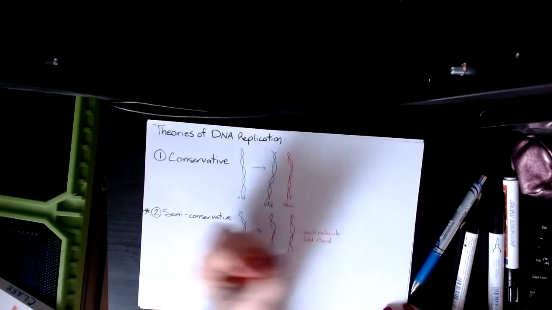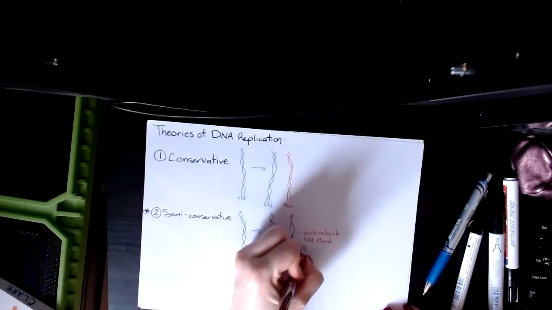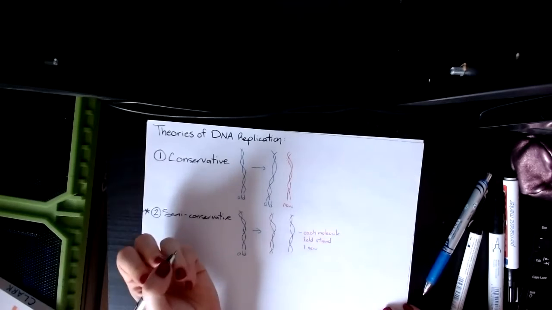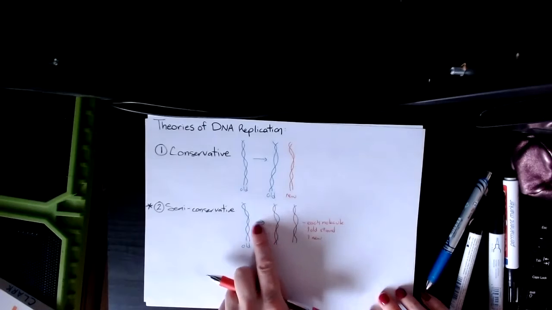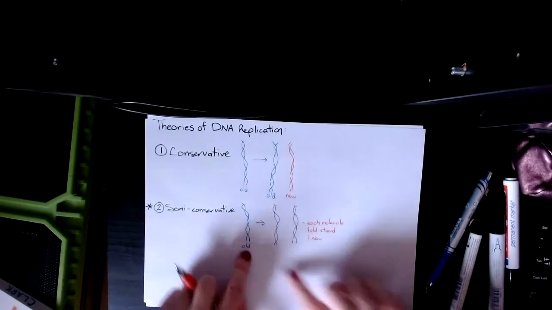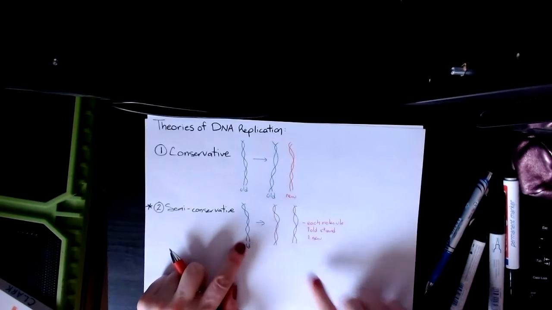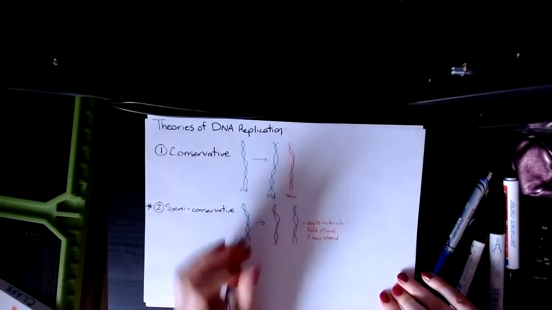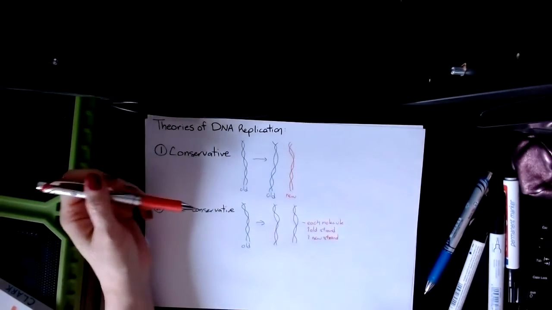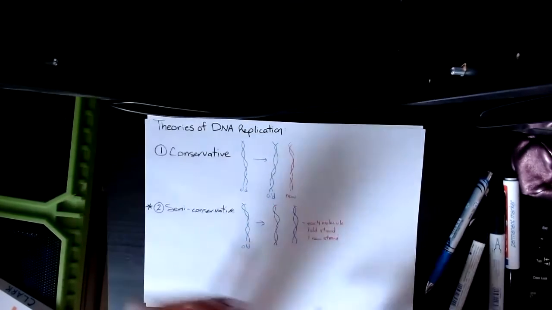And the reason why this works so beautifully is because of the complementary base pairing rule, right? The idea that A and T always go together and G and C always go together. This allows us to, so each of the old strands acts as a template for the new strand. The other thing is I'm trying to be very careful in my wording, and you should as well when you answer these questions.